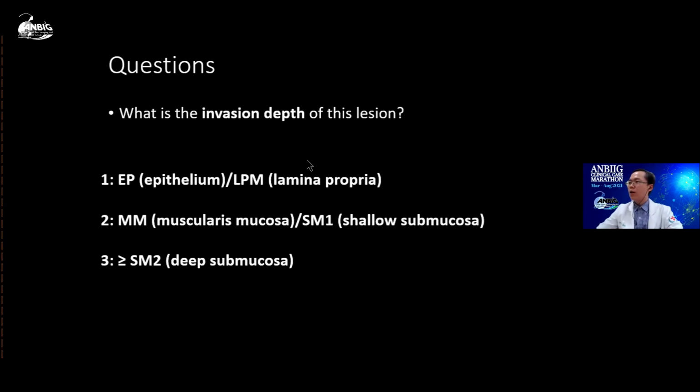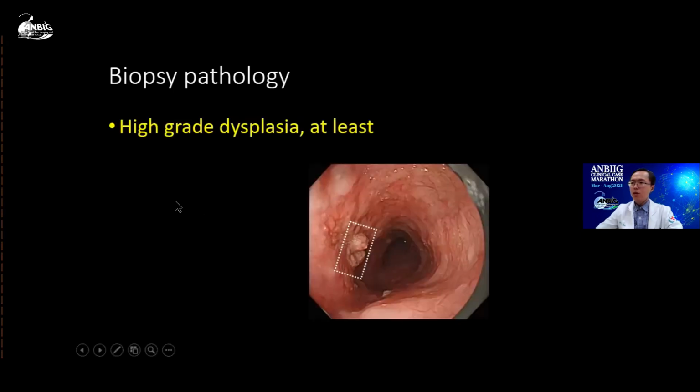Yeah, so half of the attendees choose MM layer to SM1 layer, and 40% choose the SM2 invasion depth. Okay, so let's see. Because this patient did not have any dysphagia or symptoms, and under the impression of the endoscopic diagnosis, we highly suspect invasive cancer.